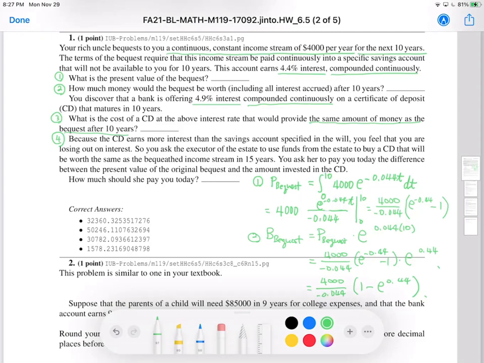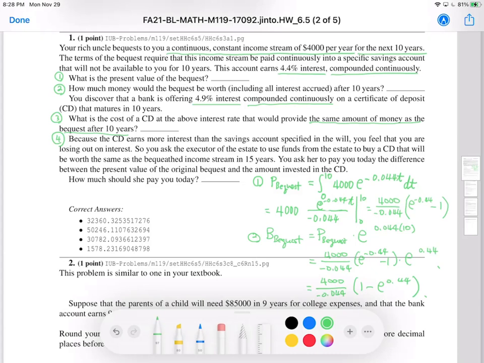So the present value of the CD for the lump sum, present value of the CD equal, oh no, sorry.